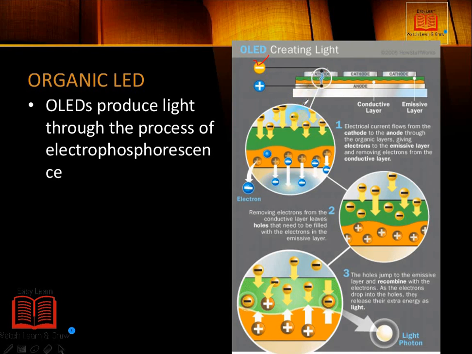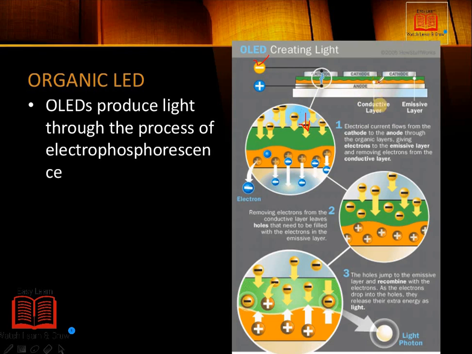So the negative tries to enter into the emissive layer, and you can see that the electrons are entering the emissive layer, and then these electrons move towards the conductive layer, while the electrons already present in the conductive layer will leave.